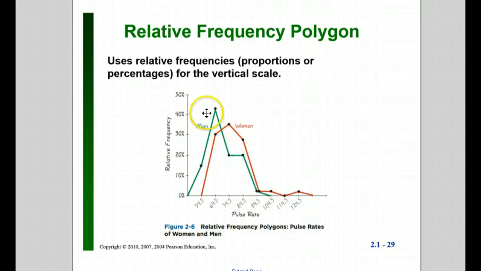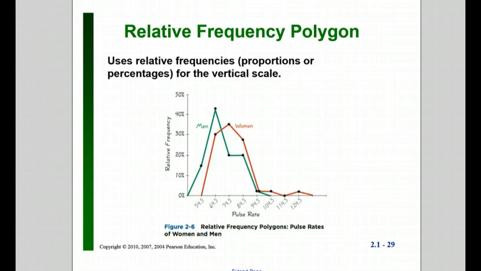They're putting the men on one frequency polygon and the women on another to show the difference between the two. So we're seeing that the men peak, so a mode occurs here, at a lower pulse rate than women. So it's showing that women's pulse rates tend to be a little bit higher, is what we're seeing from this dual frequency polygon here.